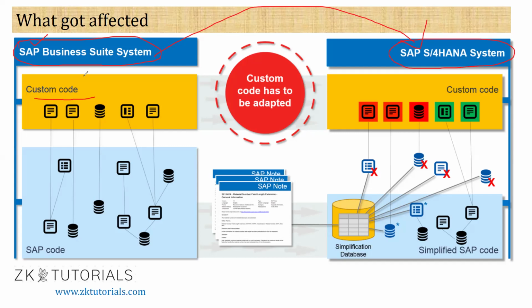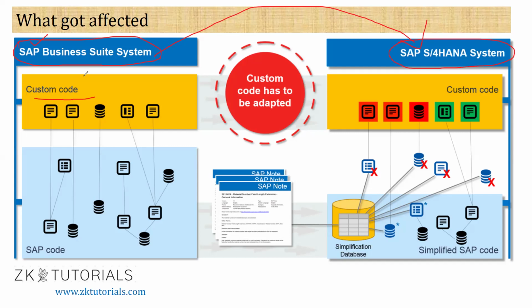That table is removed. So what will happen now? Syntax errors will come, and dumps will start occurring everywhere. You will see problems in your custom code, and that's exactly what will happen when your company decides to go to S4.